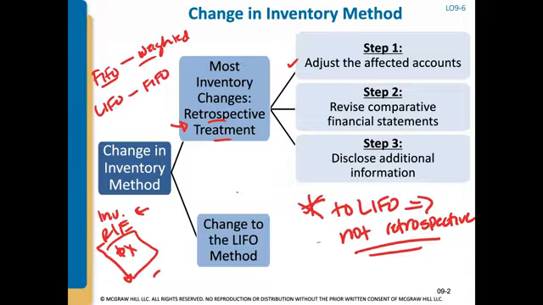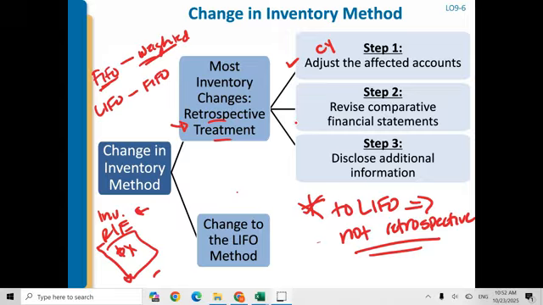You also have to update your inventory, because right now in the current year, your inventory rolls forward year to year under the FIFO method, and you have to revise your inventory to reflect what it should be under the weighted average method, assuming that's what you are changing from one to the other. So that's what step one is. Adjust the affected accounts. Once you determine what that entry is, you record that in the current year.